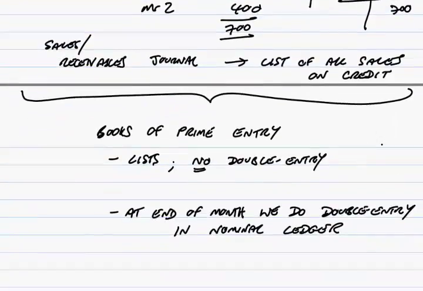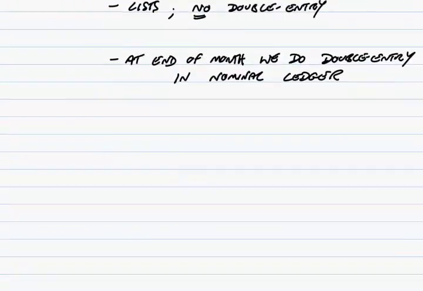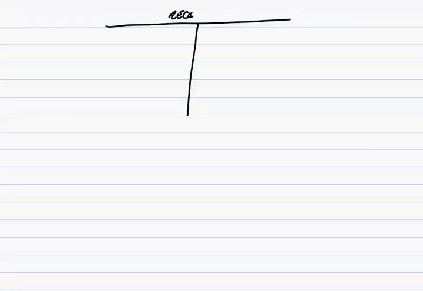Finally, one more thing that's going to be important. If you think about what I've just been saying, on your receivables account in the nominal ledger, the total sold on credit we'd find out from the sales journal.